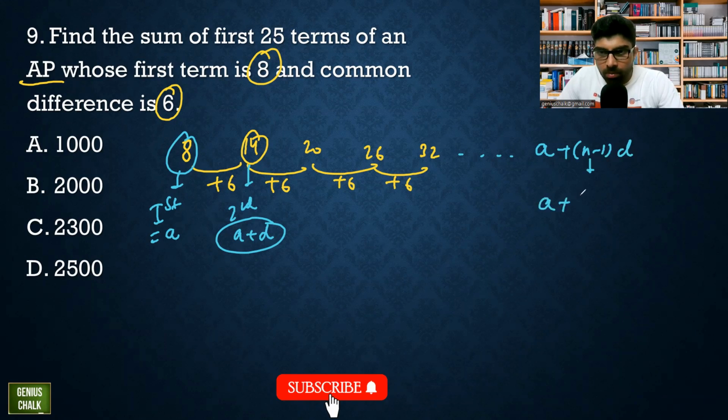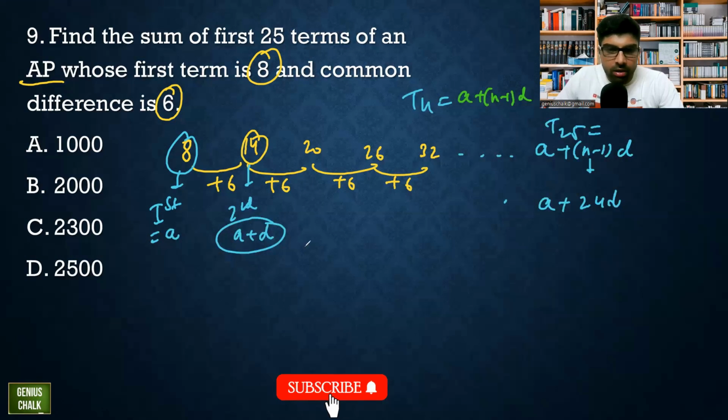So A plus 24D. Let's find the 25th term. There is a formula for Tn, the general term of an AP. That is A plus N minus 1 into D. Putting N as 25, this is A plus 24D.